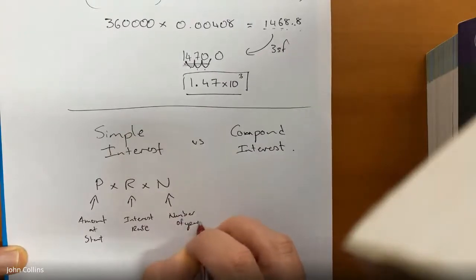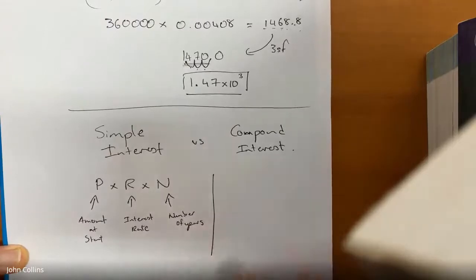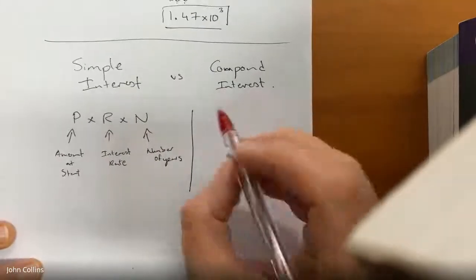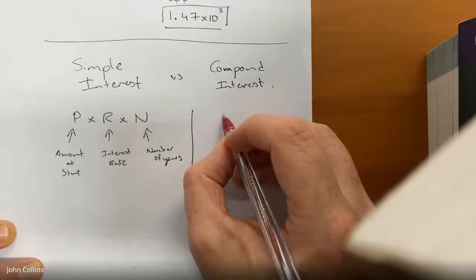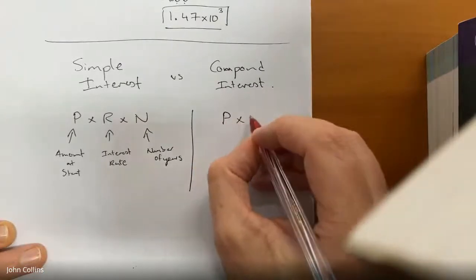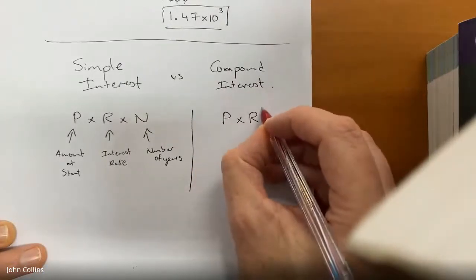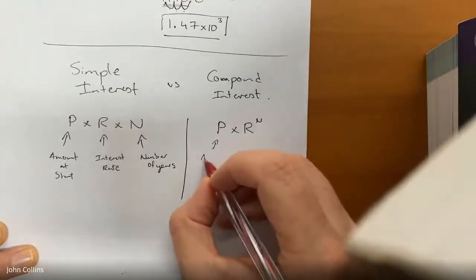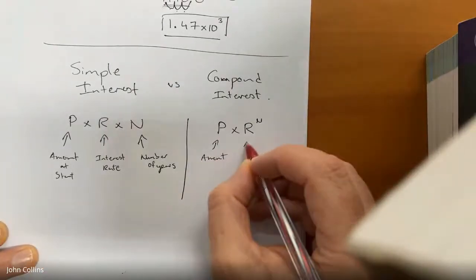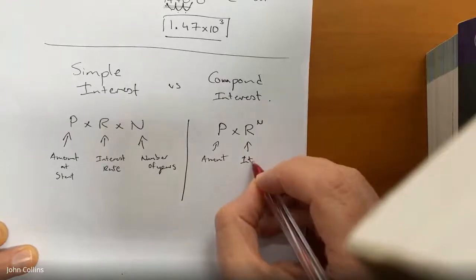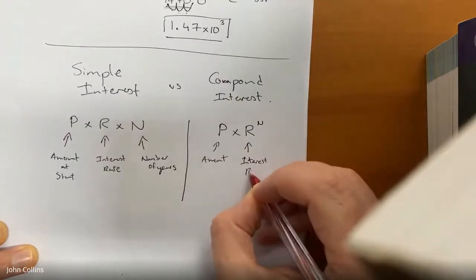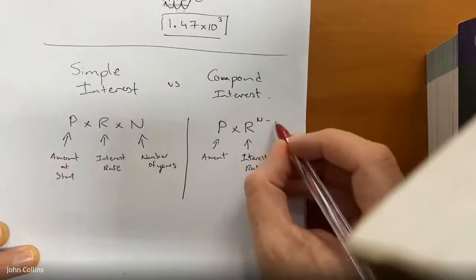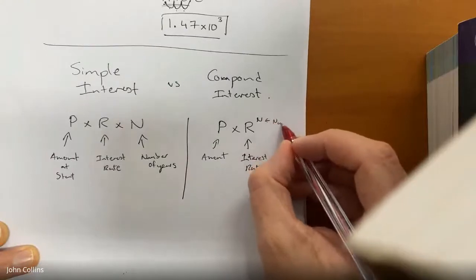I'll talk about the interest rate in a second, how we write it. Compound interest is the principal multiplied by the interest rate to the power of the number of years. So that's the amount, same as before, the interest rate, and the number of years.